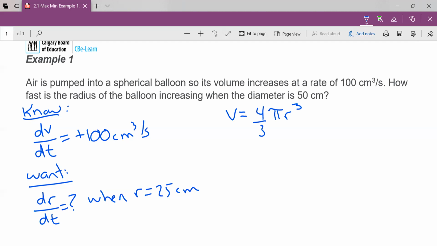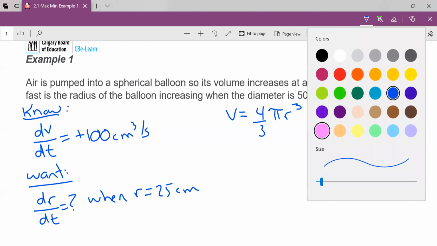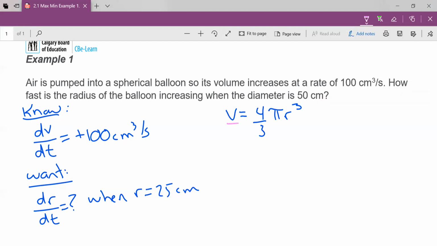But before I do that, I say to myself, if I take the derivative, what will I get? If I take the derivative of V, I'll get dV/dt. Perfect. The derivative of 4/3 and pi is a constant, so no big deal there, and the derivative of r is dr/dt. So before I take the derivative, I'm analyzing whether I have everything I need or if anything is missing.